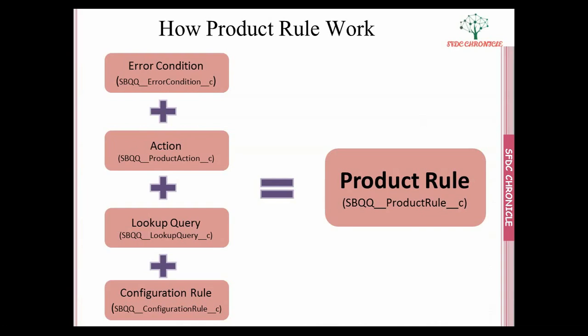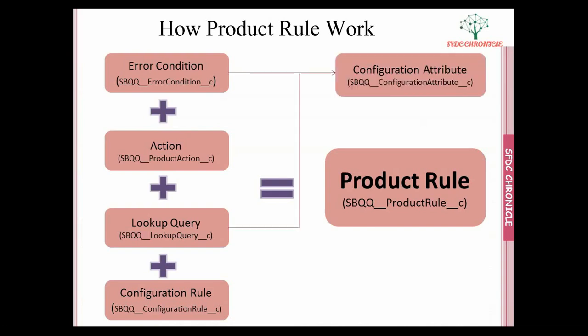But the main objects that are working behind the scenes are product rule, error condition, action, lookup query, configuration. And there is another tool that will also help us configure the product rule so it works properly in the front end.